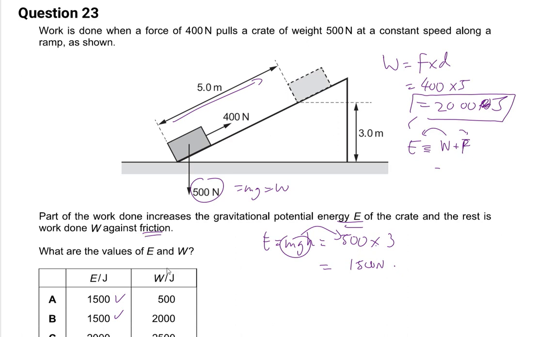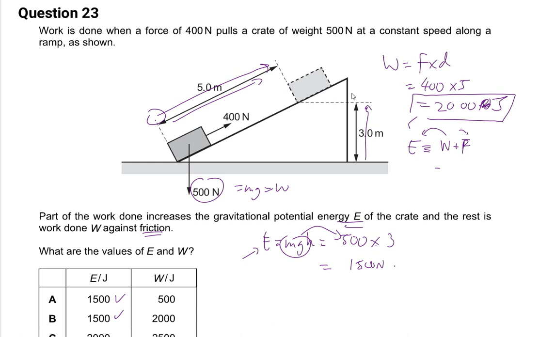From here to here, the work done that we calculate is 2000. So this is the total work done. However, when we work out the gravitational potential energy, it is only 1500. So from here to here is only 1500.